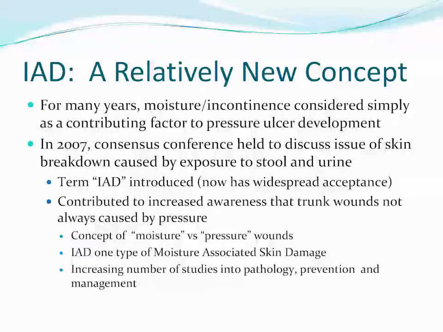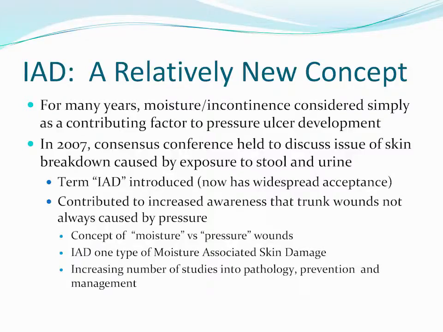That was helpful in that within the realm of wound care, it helped to start separating out wounds caused by pressure and wounds caused more by moisture, and made people much more aware of the whole concept that moisture can indeed cause significant problems with skin integrity. We also introduced the concept of moisture-associated skin damage, and we recognized that IAD is one type of moisture-associated skin damage.